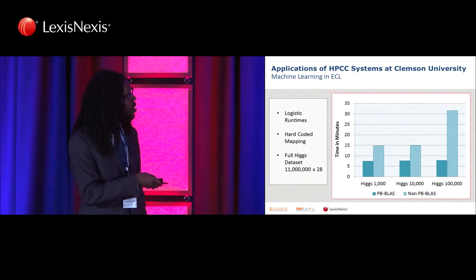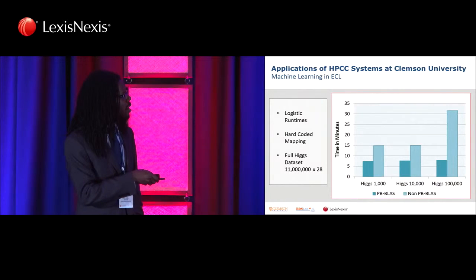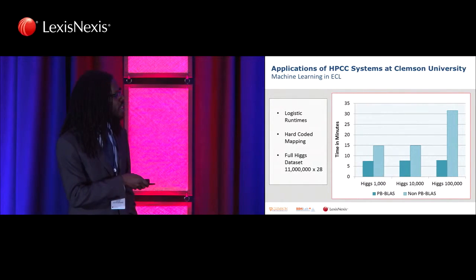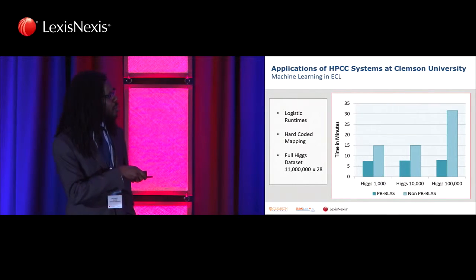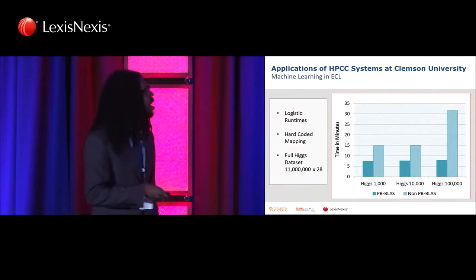The normal implementation previously, for 1,000 instances trying to classify, took about 15 minutes, and these had 28 different attributes per record. But when you look at 100,000, it took over half an hour. After I finished the implementation, we were down to roughly 6 minutes for each one of those.